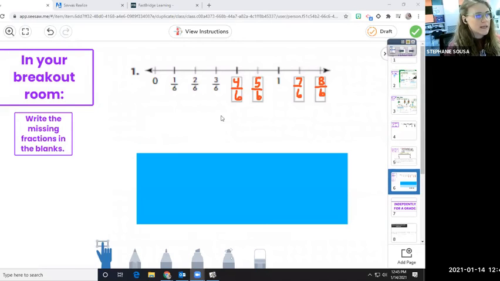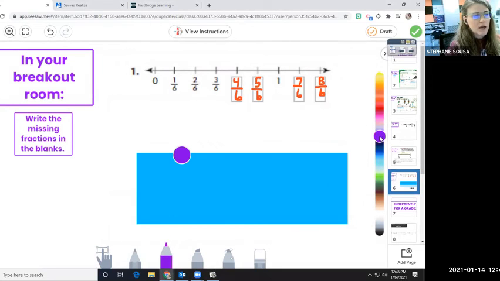Okay, you were asked in breakout rooms to solve problems 1 and 2 on slide 6. Here's the correct answer. This is the conversation that I had with a couple people in the breakout rooms. A lot of you guys forgot that 1 whole is the same thing as 6/6. A lot of breakout rooms were putting 6/6 right here, and that's not true.